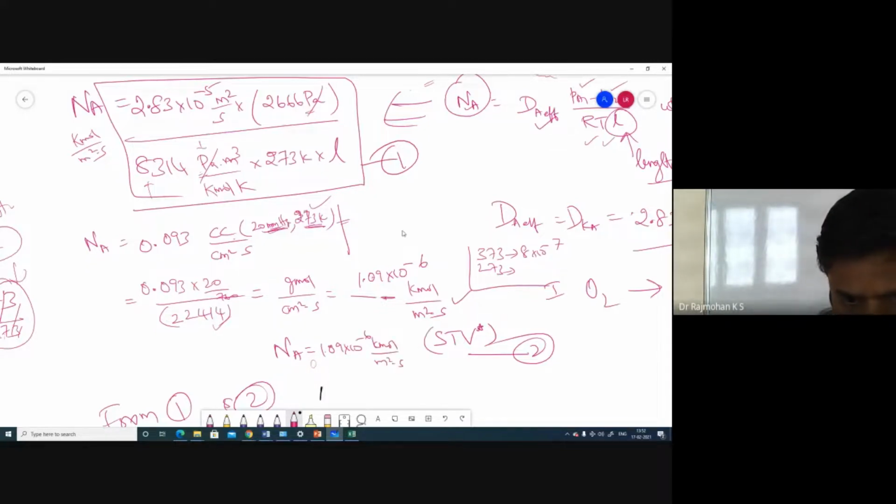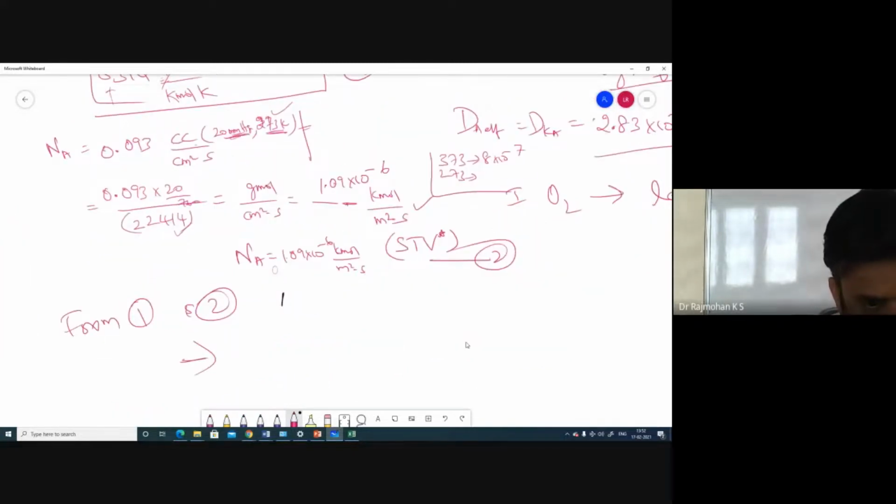Equating from 1 and 2, the only unknown parameter is L. So take L to one side and substitute the Na value, that is 1.09 into 10 power minus 6.